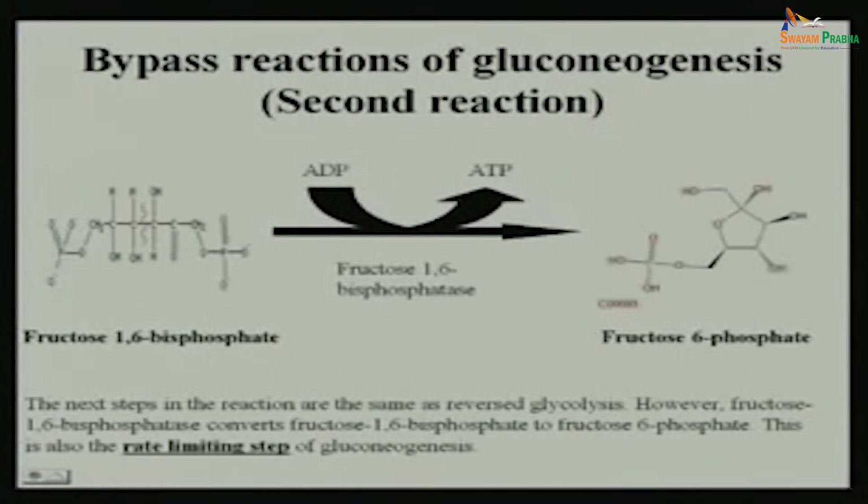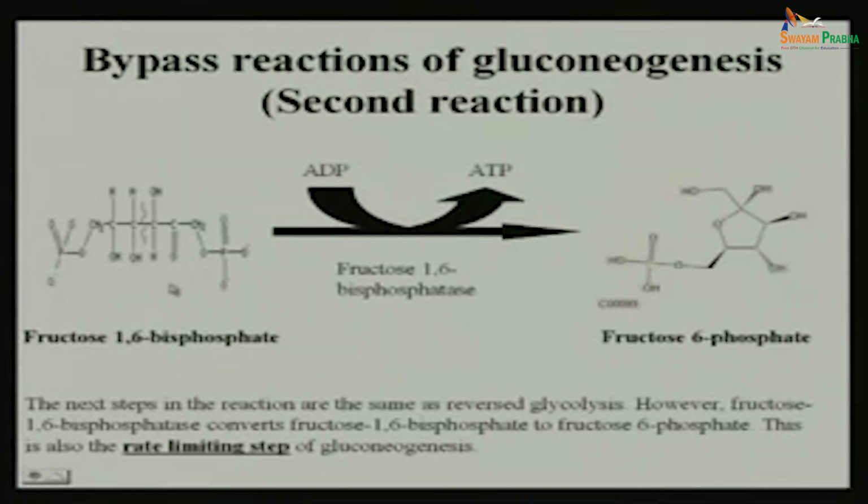In the second bypass reaction of gluconeogenesis, fructose 1,6-bisphosphate, in the presence of the enzyme fructose 1,6-bisphosphatase, is dephosphorylated.